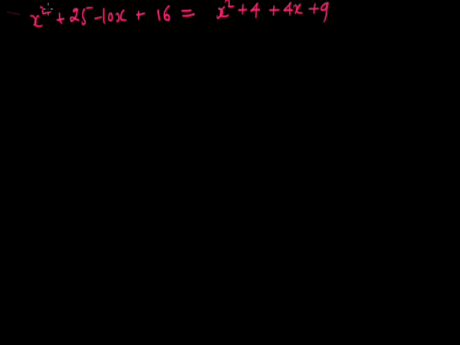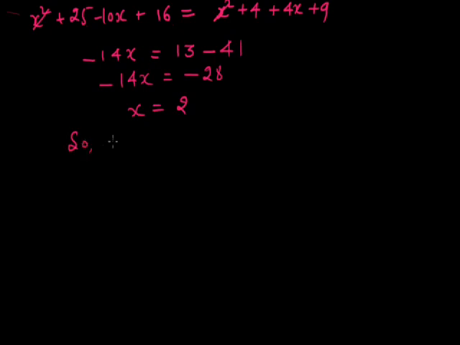Now x square will be cancelled. So we get minus 14x is equal to 13 minus 41, that is minus 28. Therefore x is equal to 2.